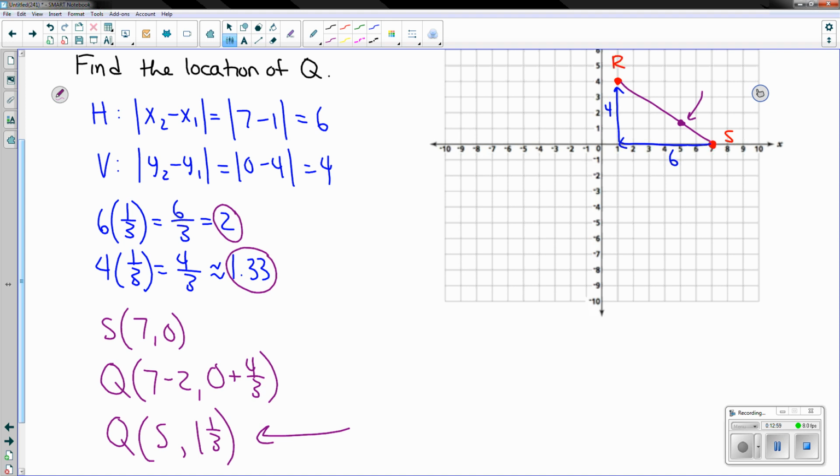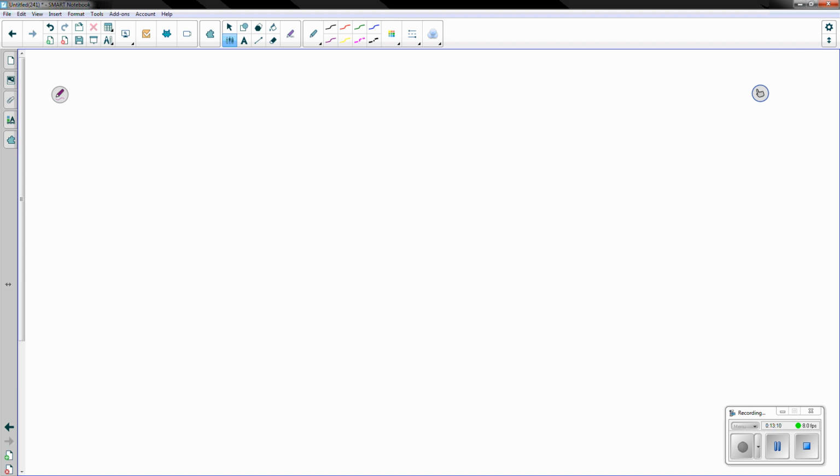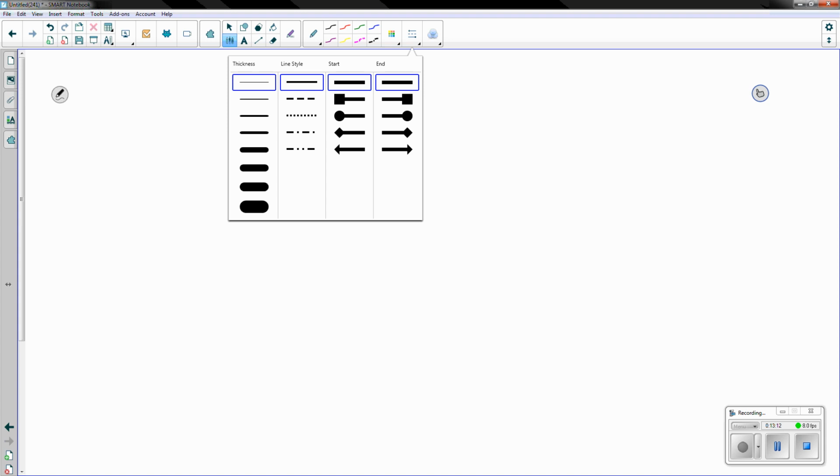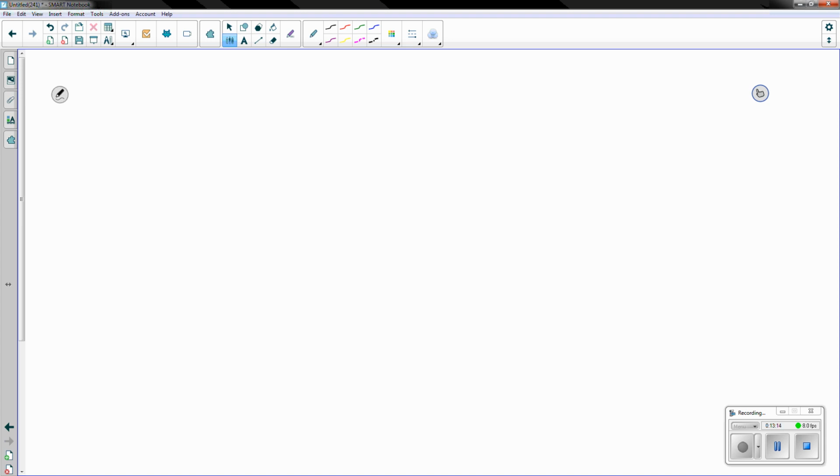And that is how you find any point given some fraction of the way from one endpoint to another in our coordinate plane. So let's recap the process. The first thing is identify starting and ending points.